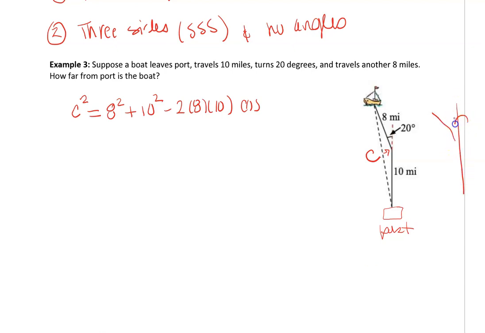This angle here is 20 degrees. And so that means from here all the way back over to here, since this is a straight line, that would be 180 degrees total. So 180 minus 20 tells me that this interior angle here that I'm needing is 160. So cosine of 160 degrees.